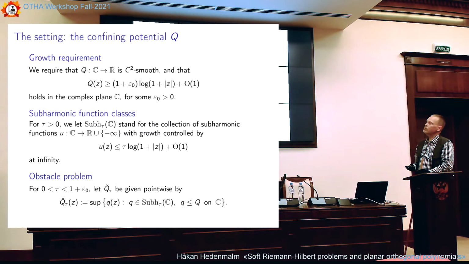Then, because we want to study polynomials eventually, we study polynomials up to a certain degree, and this degree grows. To model these polynomials, we take the logarithm of the modulus, log mod p.